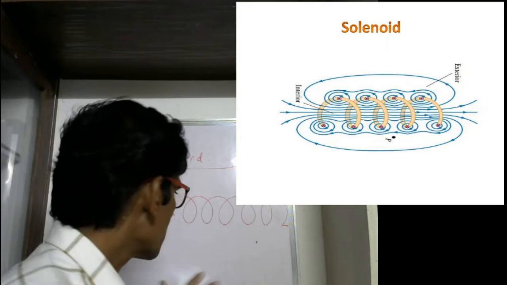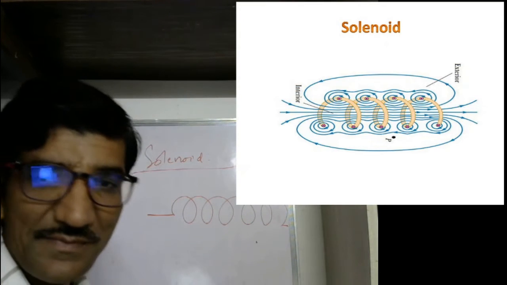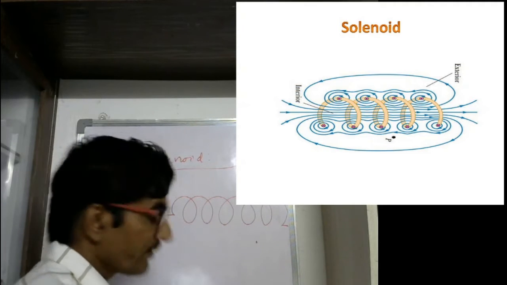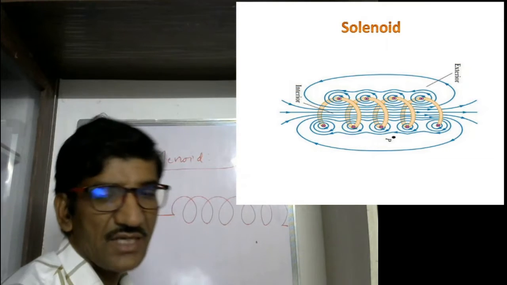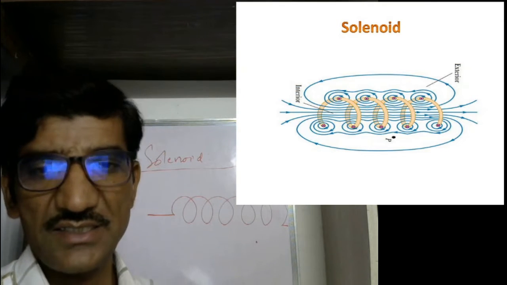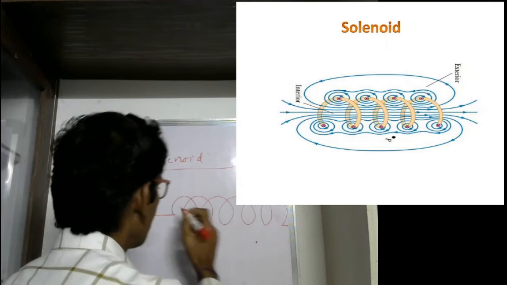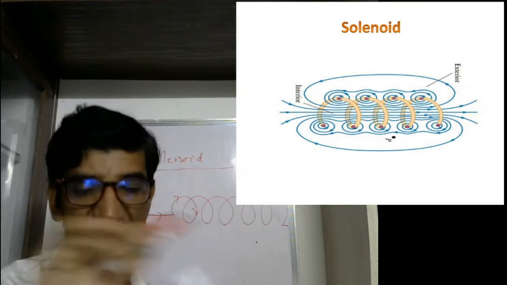What about the direction of the induced magnetic field here? If you are taking the turns very near to each other, then you may take each turn as a circle. Here, current is flowing like this, coming around a coil.